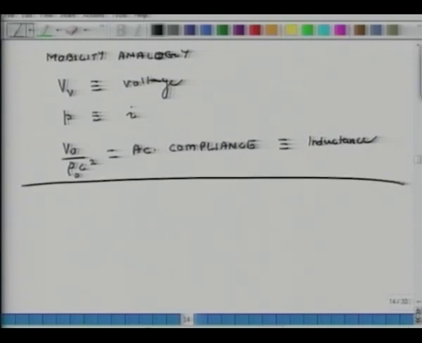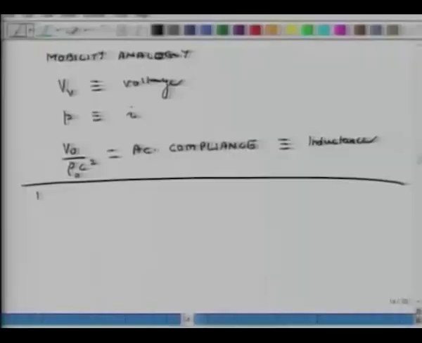So, we have developed equivalence for acoustic mass, acoustic compliance, and now we will go to acoustic resistance, and that is fairly straightforward.